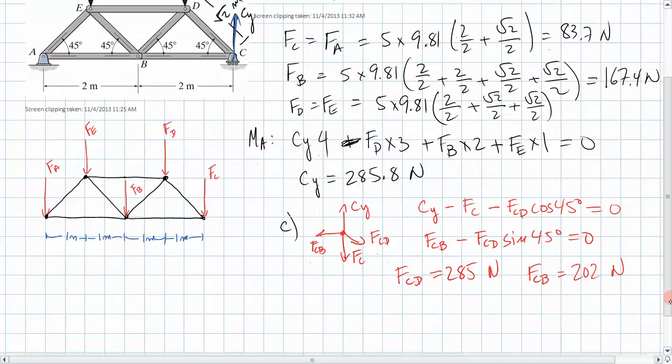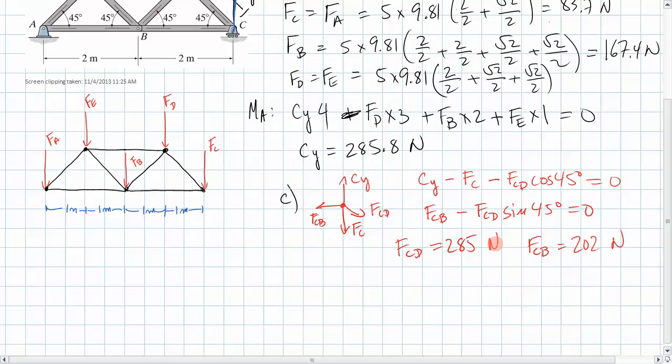Okay, and you have to realize that now I know these two forces on these two members, and I also know the forces on these two members because they are the same. By the way, this one is in compression, this is compression, and this is tension.